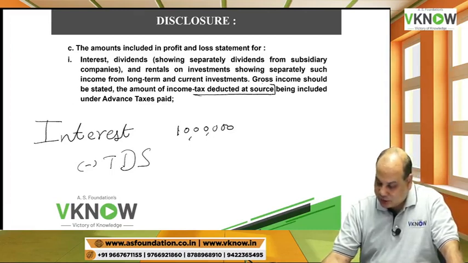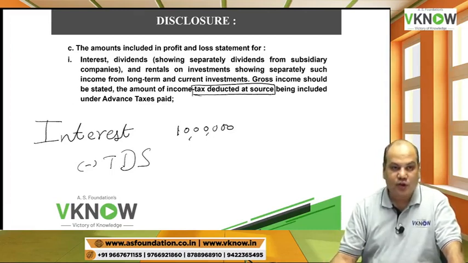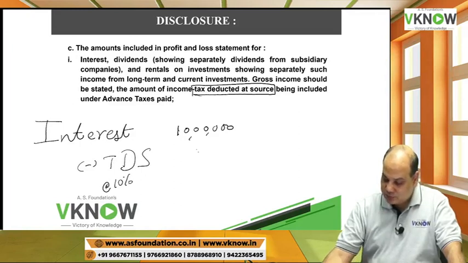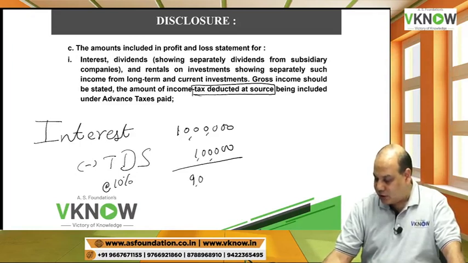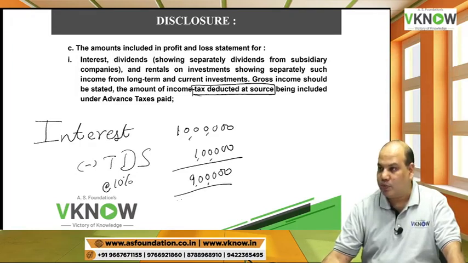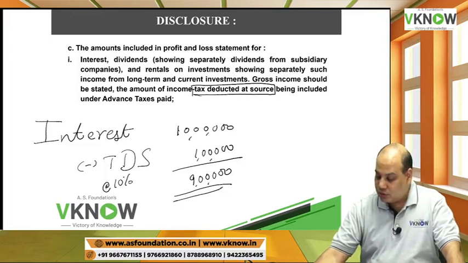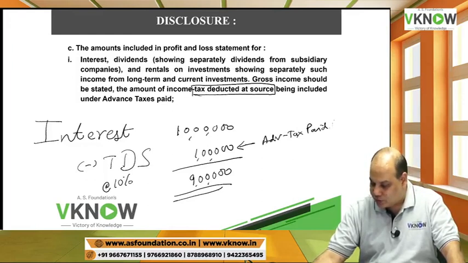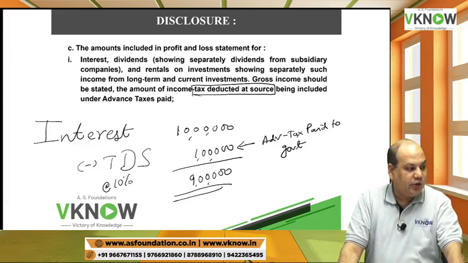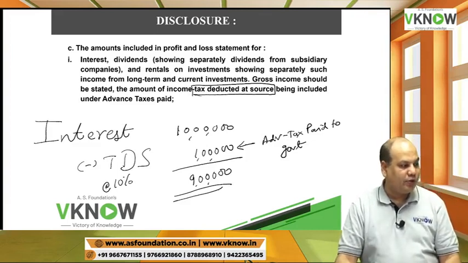Tax deducted at source. As per Income Tax Act, the rate is 10%. So they will deduct 1 lakh. They will transfer 9 lakh rupees to your bank account. And this 1 lakh TDS is treated as advance tax paid to the government.